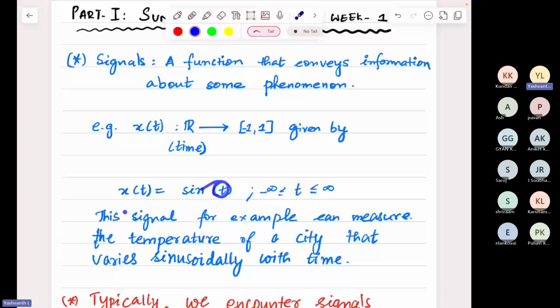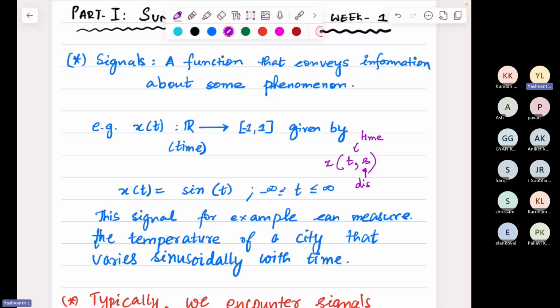For example, the signal could depend on t comma s, where t stands for time and s stands for distance. So it could be a function of both space and time. This is called a 2D signal because it depends on two dimensions: one is the time dimension, the other is the spatial dimension.